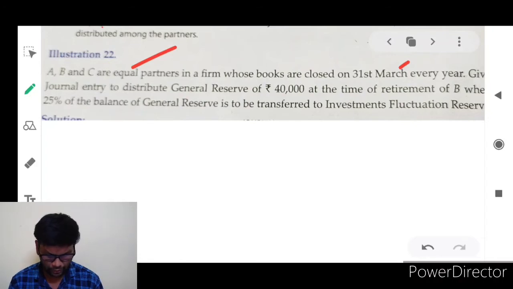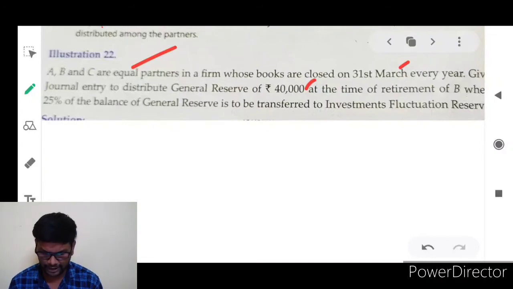Give journal entries to distribute general reserve of rupees 40,000. So a general reserve of rupees 40,000 is available. As per 31st March, that year's balance sheet shows general reserve of 40,000 rupees.